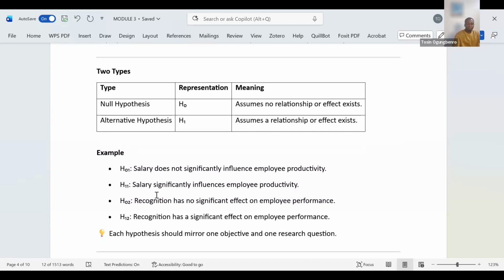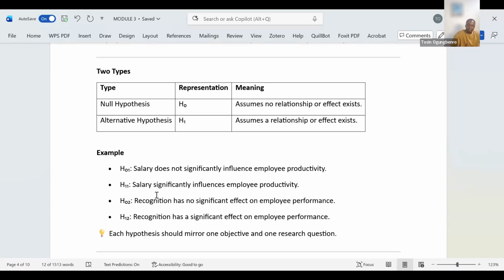Depending on your school or department, that will determine which one you will use. But by default, if no instruction was given, people tend to use the null hypothesis.